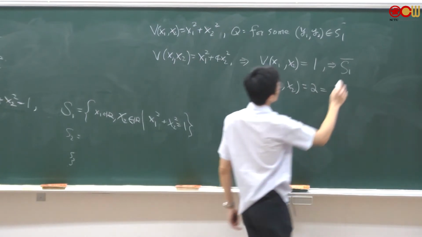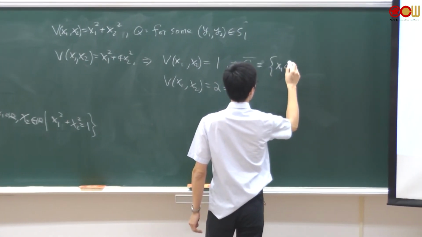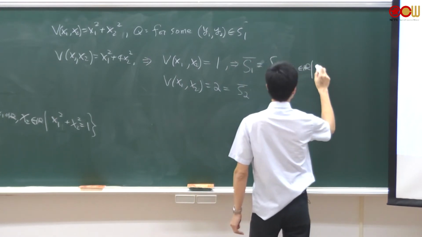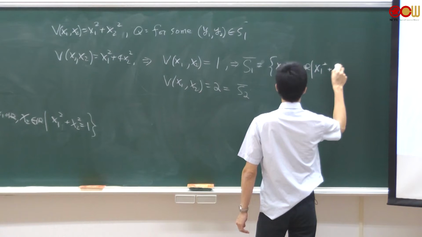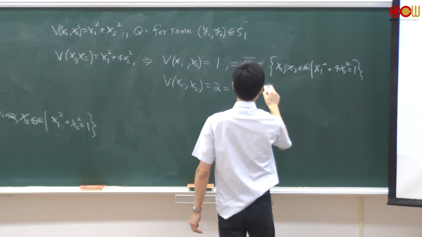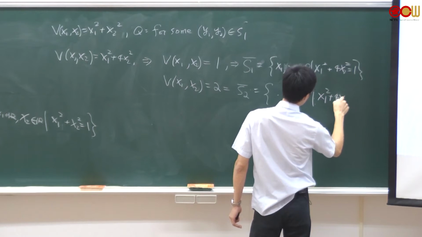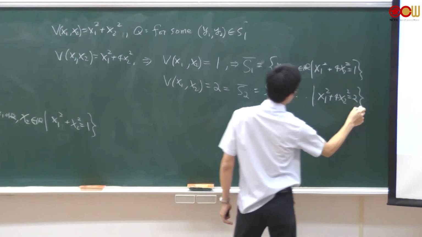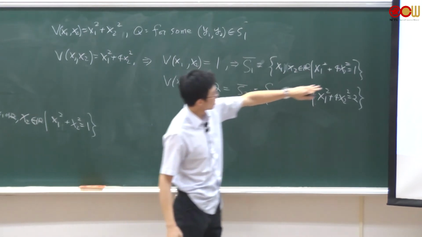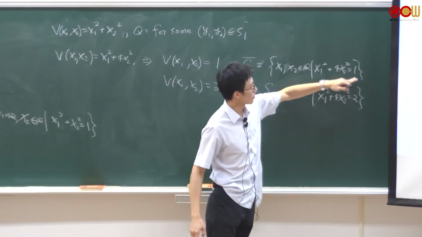Definition is the same. Okay, so these are level sets S1, S2. Different condition: this is equal to 1, this equal to 2. The height of V is 1, and 2.